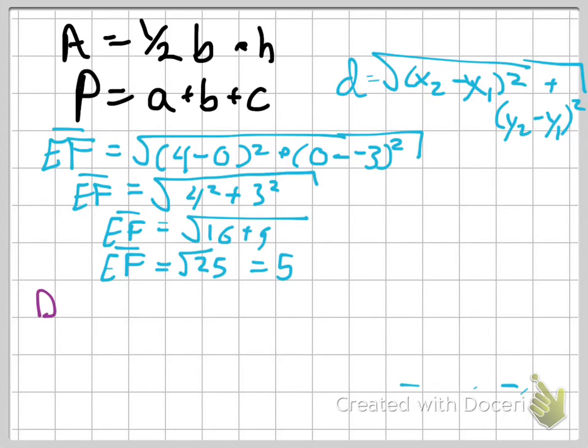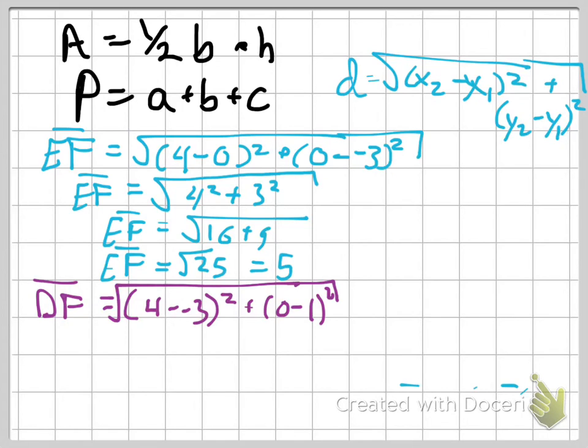Okay, so side DF, I'm going to say F is still my x2, y2, and D is my x1, y1. So DF equals the square root of 4 minus negative 3 squared plus 0 minus 1 squared.